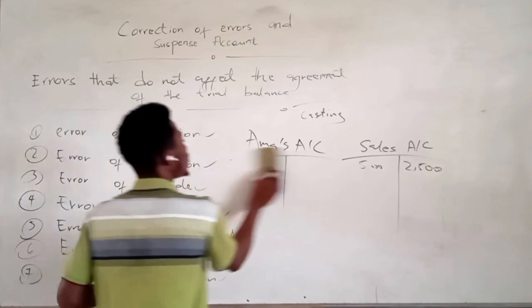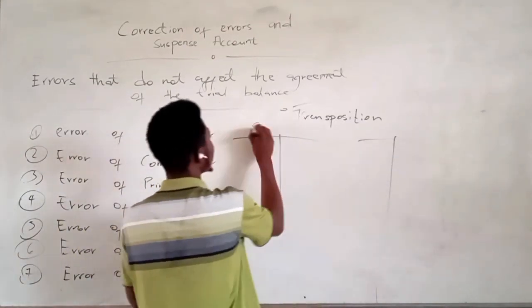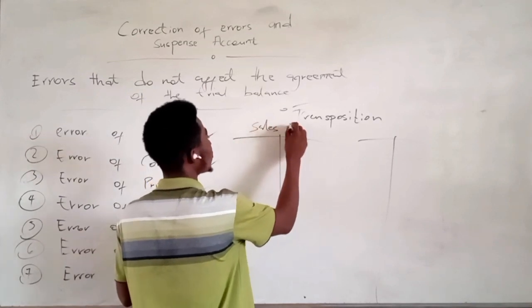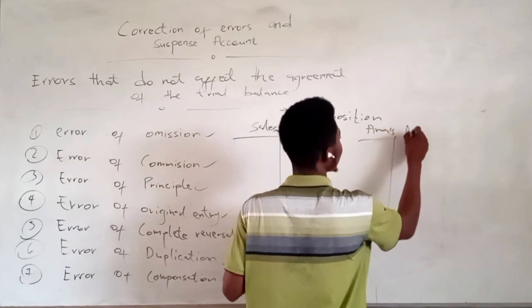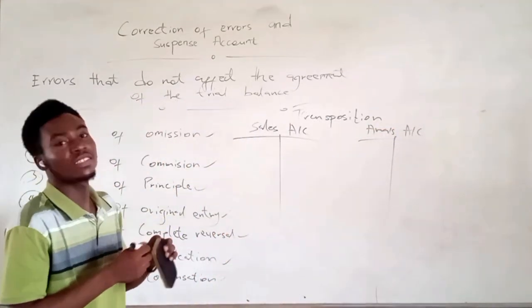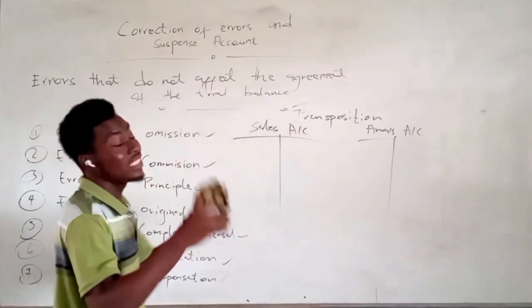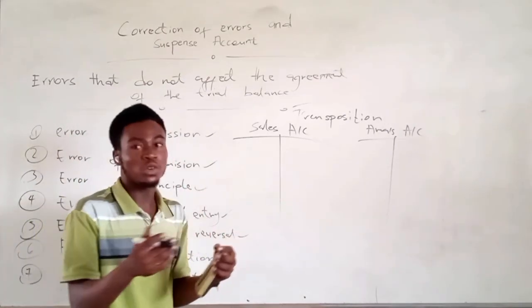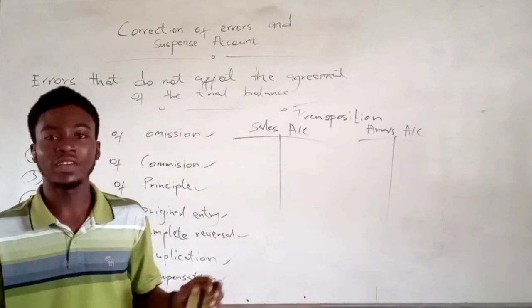So now let's go to the error of calculation. So we have sales account and Amex account again. When we say error of calculation, we change the numbers that we are supposed to record. So let's say Ama purchased goods of 123 on credit.